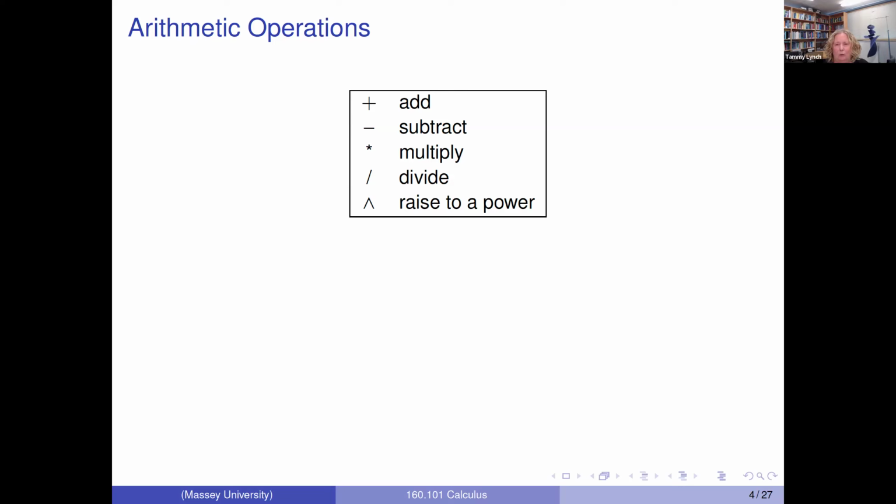So the computer uses the plus and minus for add and subtract, very similar to how we might handwrite these. It uses an asterisk to indicate multiplication, the slash to indicate divide, and this little hat here for raised to a power.